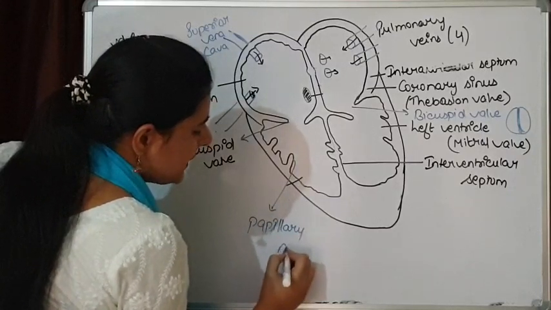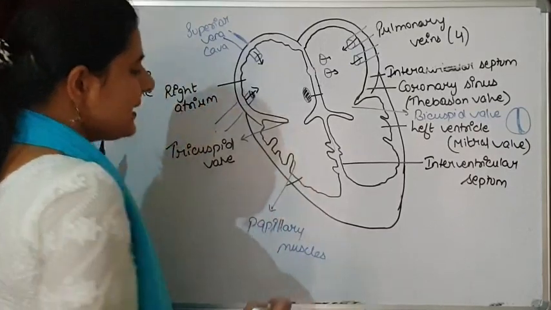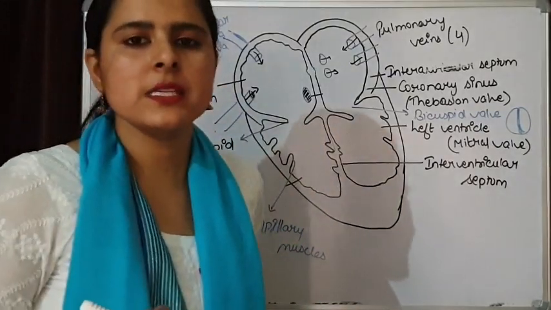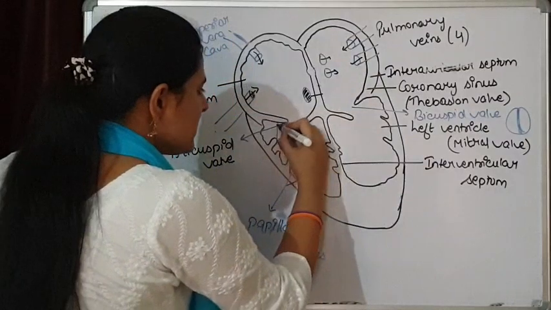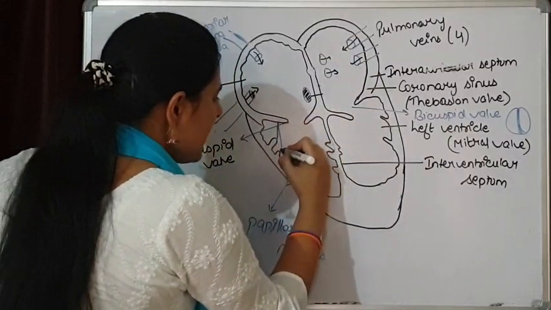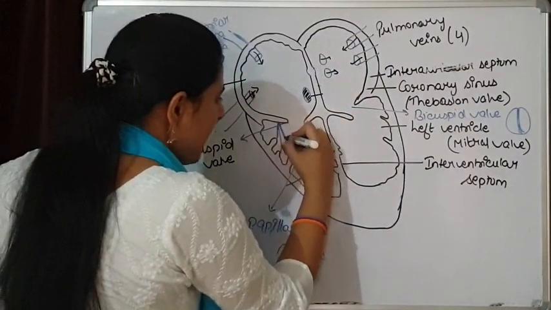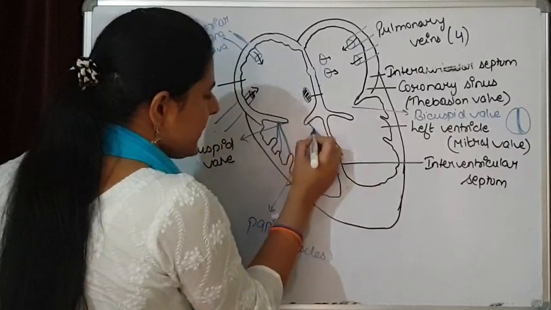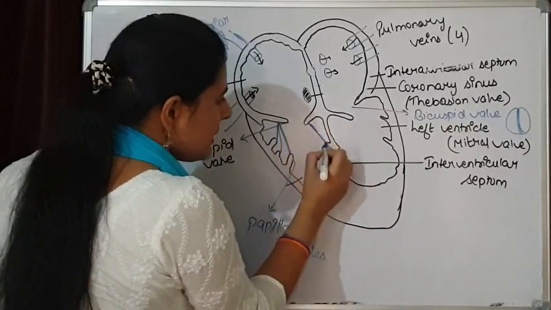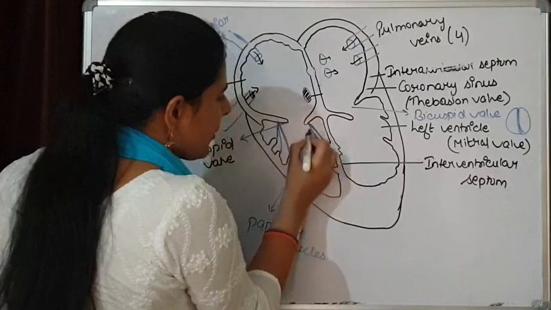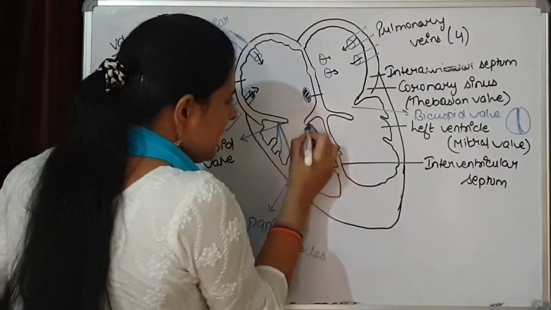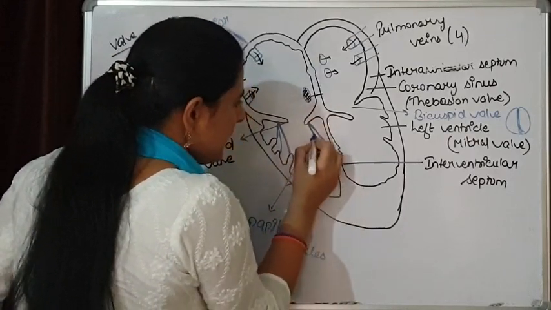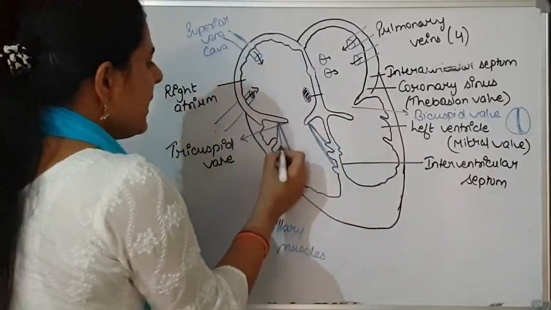These are papillary muscles, and these papillary muscles are supporting some fibers. Some fibers are arising from these papillary muscles in this way. These are known as chordae tendineae. This is how chordae tendineae are arising.